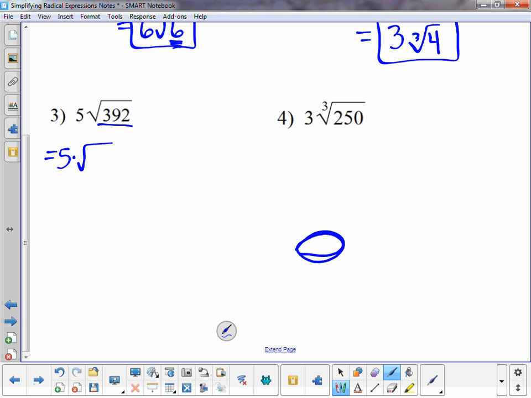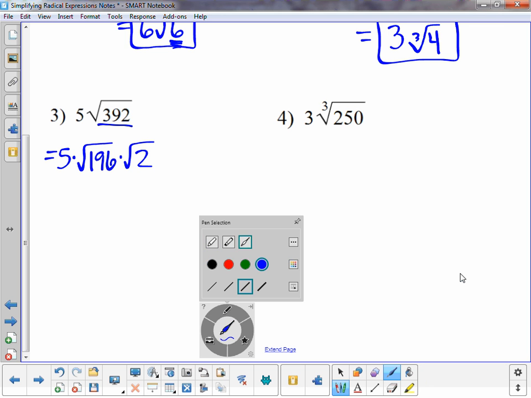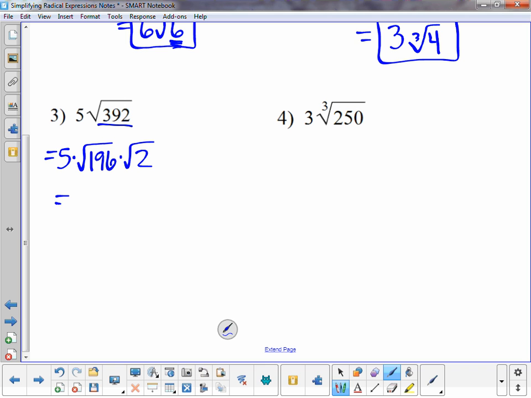So 5 times the square root of 196 times the square root of 2, right? Because 196 was half of 392. And then we just simplify our perfect square. So what's the square root of 196? 14? So then 5 times 14 times the square root of 2.